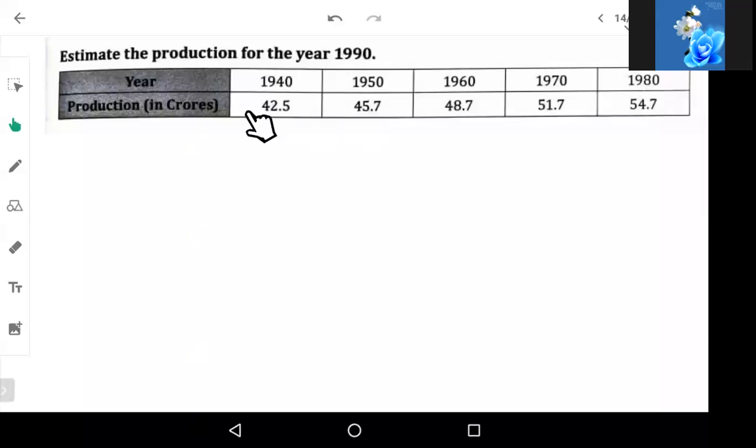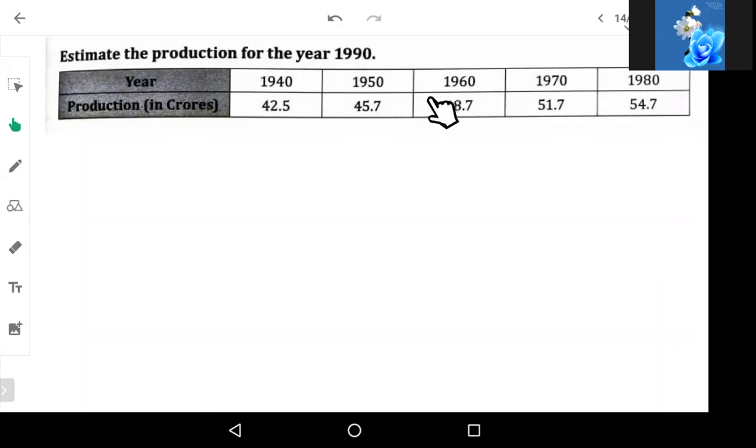And the data, that is the production in crores, are given: 42.5, 45.7, 48.7, 51.7, and 54.7. So these are the data given to us. The procedure remains the same. There is no difference in procedure, just that we are supposed to find the value after the data that is given to us.